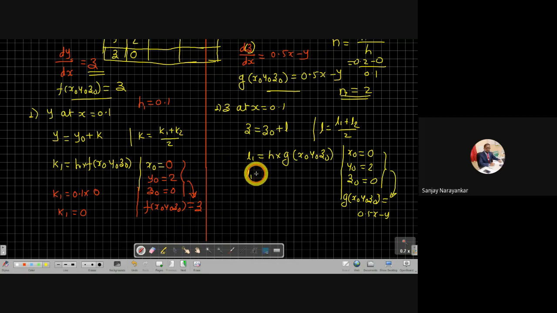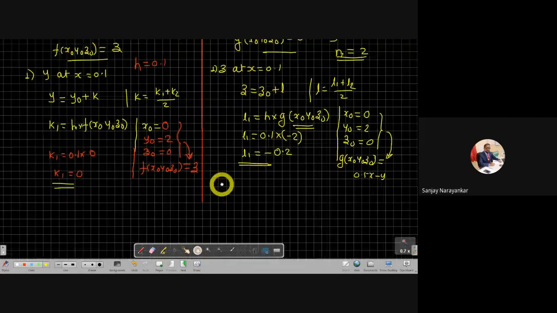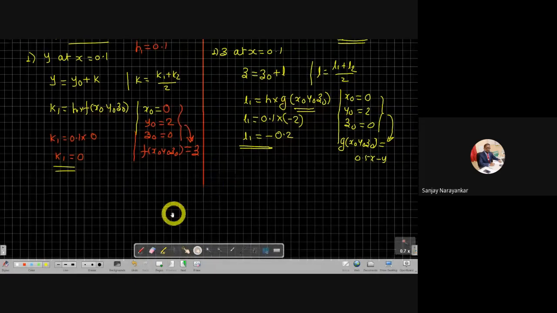So you'll get L1 is equal to 0.1 into this value, minus 2. So you will get L1 is equal to minus 0.2. Okay. So you got L1, you got K1. Simultaneous solve आहे आपलं सगळं. We are doing all the terms simultaneously. Next.